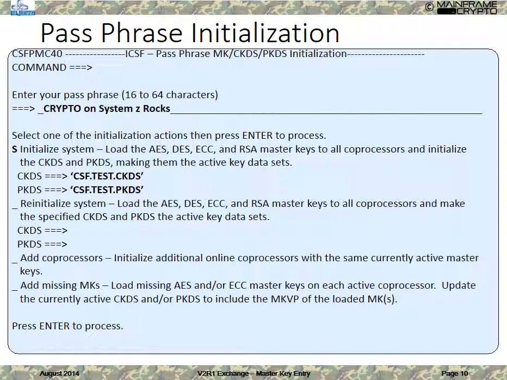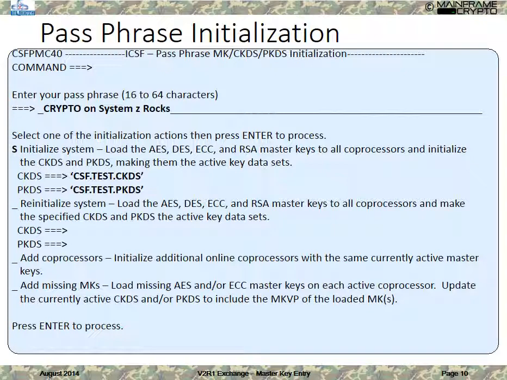And then it's going to pull bits and bytes out of those hashes to be your key material. It'll create a master key for DES, a different one for AES, a different one for RSA, and a different one for ECC, but all based on hashes from Crypto on System Z rocks.